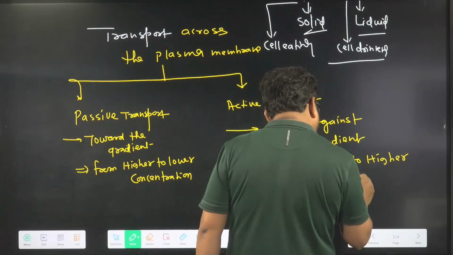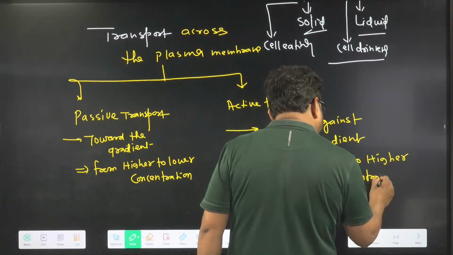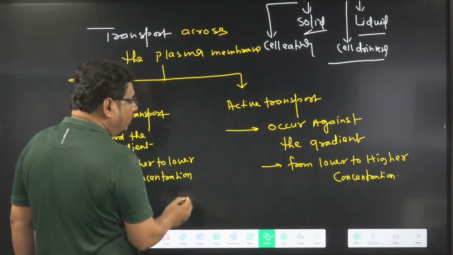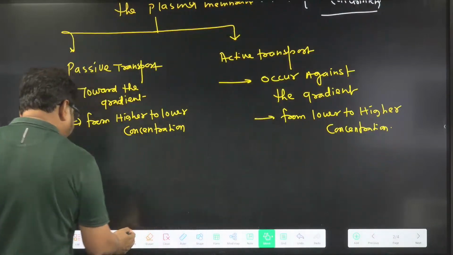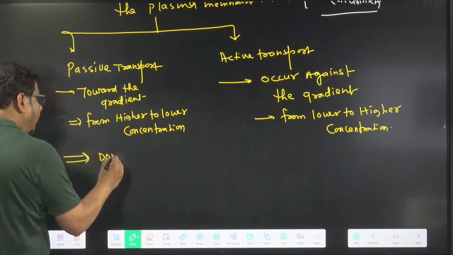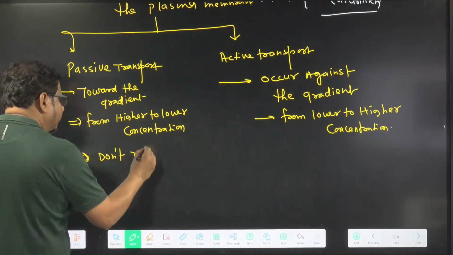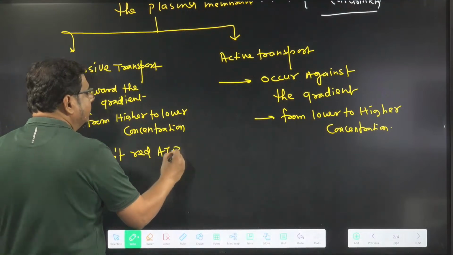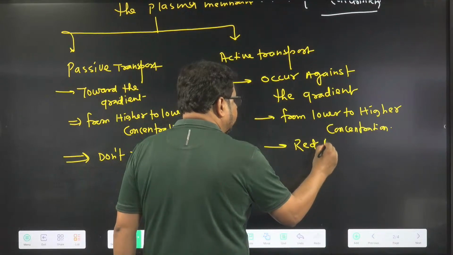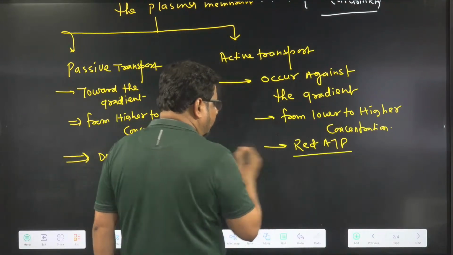Anything that moves from lower to higher concentration is called active transport. Anything that moves from high to low concentration is called diffusion. Diffusion doesn't require energy, while active transport requires ATP. Understanding the idea or not?